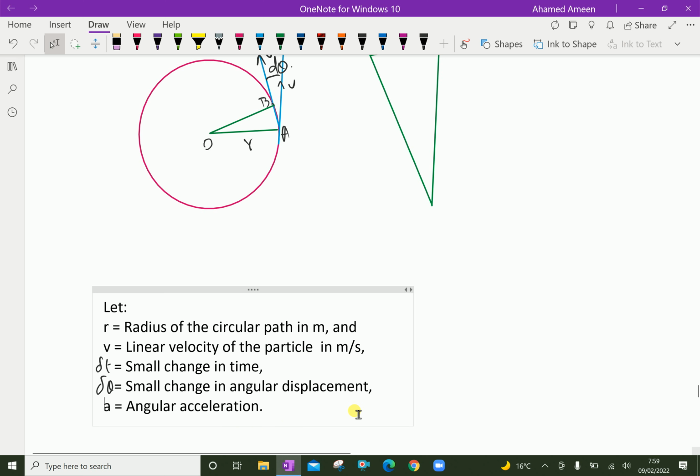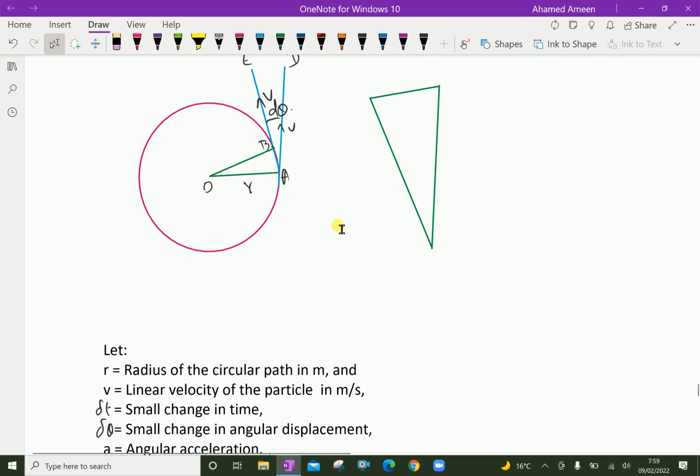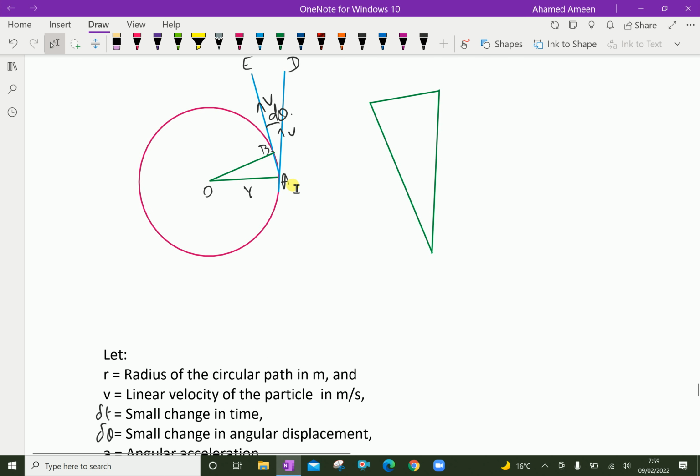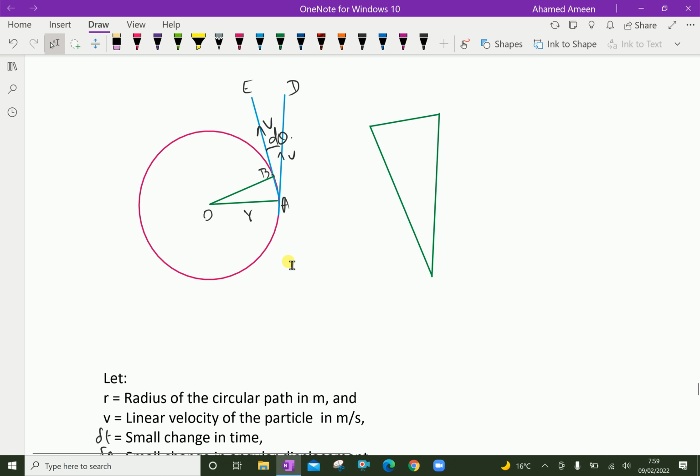Alpha is the angular acceleration in radians per second squared. Now, at some time the body is at point A, and after some time delta T the body is at B. From point A we draw a tangent AD, and from point B a tangent BE, both having angle delta theta.